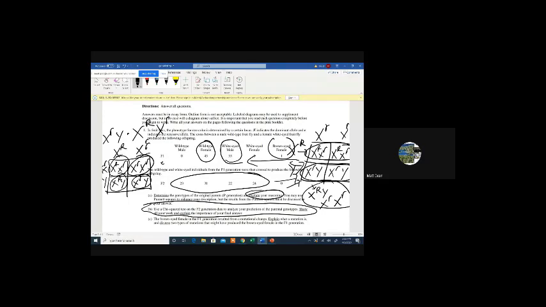So we had 23 wild type males, 31 wild type females, 22 white-eyed males, and 24 white-eyed females.